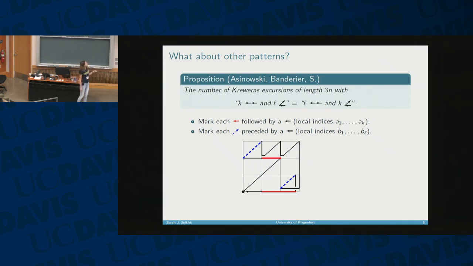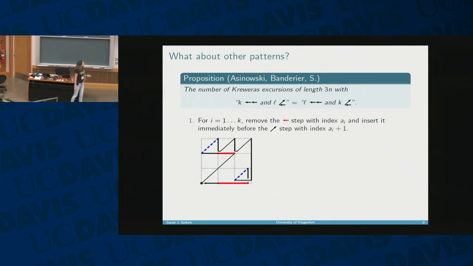And then we also take what we call the local indices. This just means that we look at a step's index among all of the other steps of the same type in the path, not in the entire path, so we count 1, 2, 3, 4, and so on, and we take note of which ones are marked.